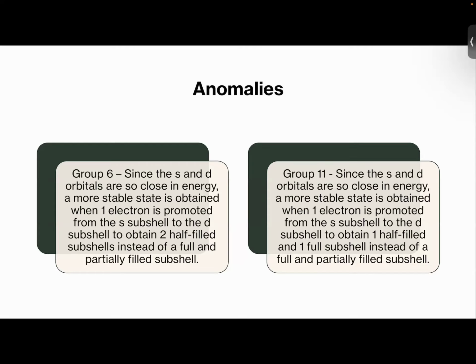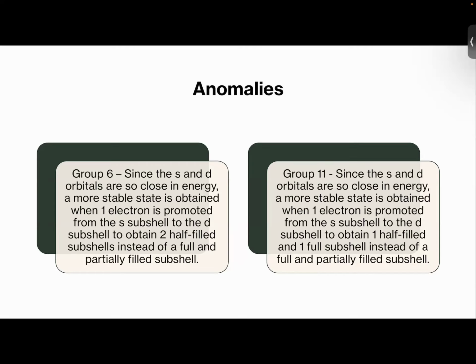Because the s subshell and the d subshell are very close in energy, it is foreseeable that an electron can be promoted from the s subshell into the d subshell because it wouldn't require that much energy to do so. And in fact, in group 6 and group 11, that is exactly what we observe: an electron in the s subshell is promoted into the d subshell.